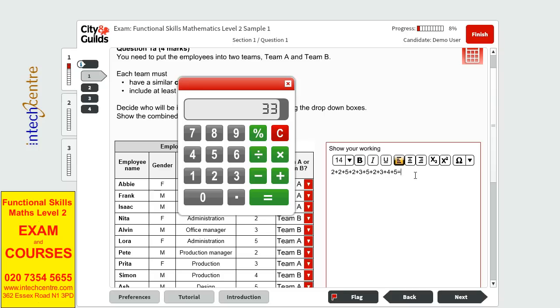So we know that their total score is 33. Now because we have two teams, we could divide this by 2 so that we find out what's a half of that would go into each team.